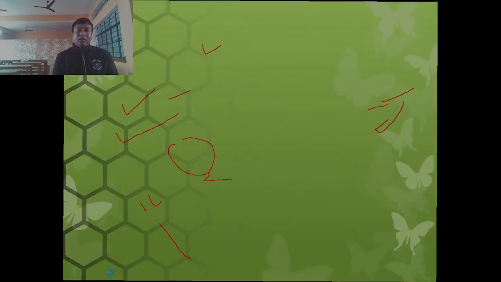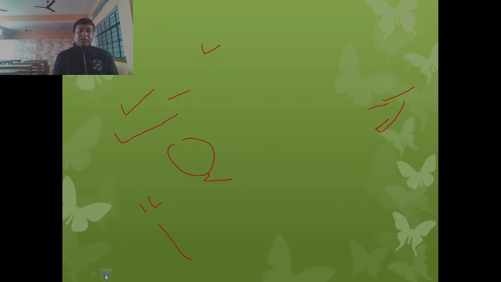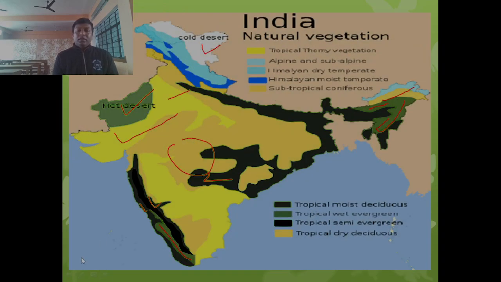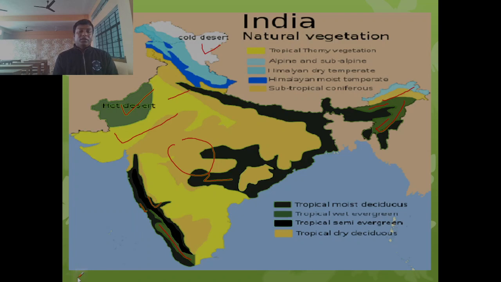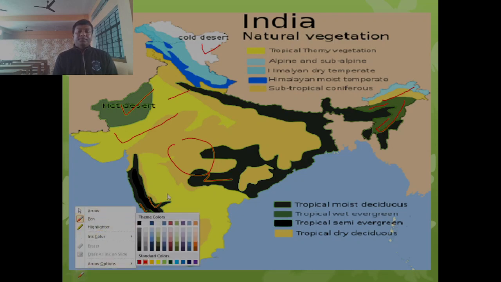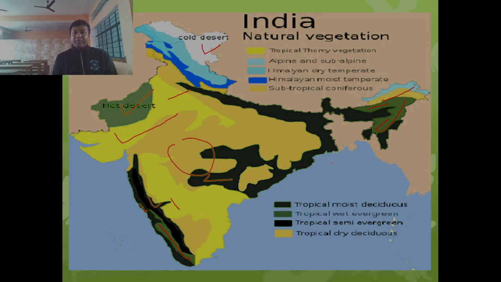So let me explain this with the map. This is the Western Ghat area and this is the northeast area where heavy rainfall occurs, so you can see evergreen forest in this part. After that, this is the tropical region.